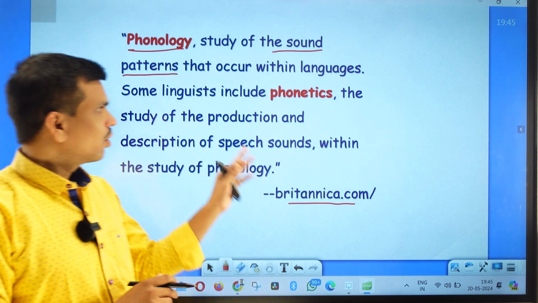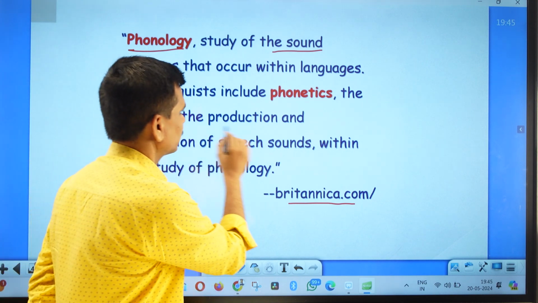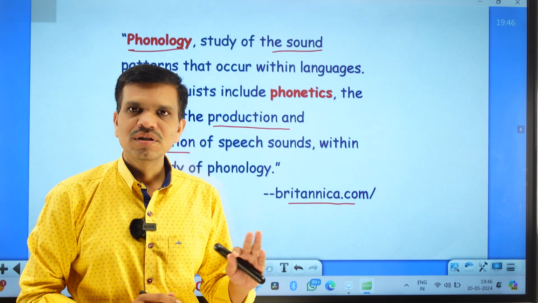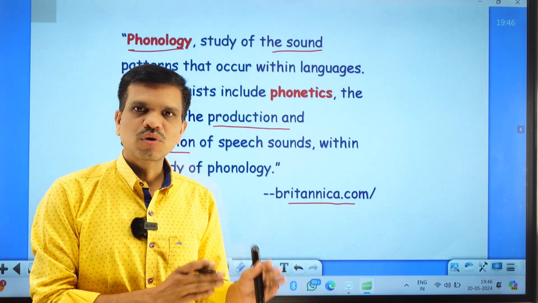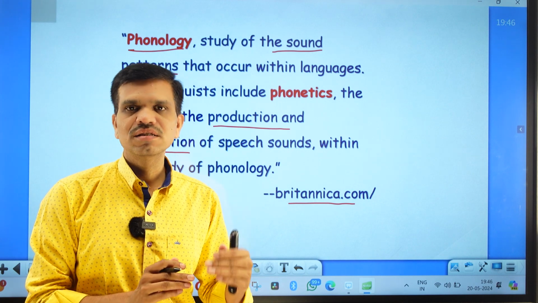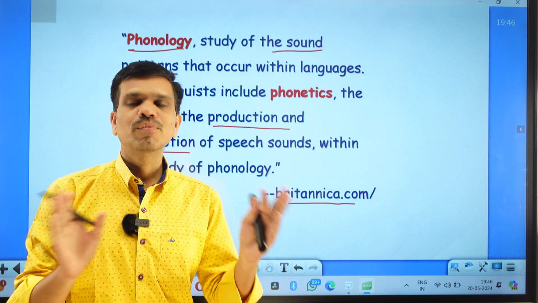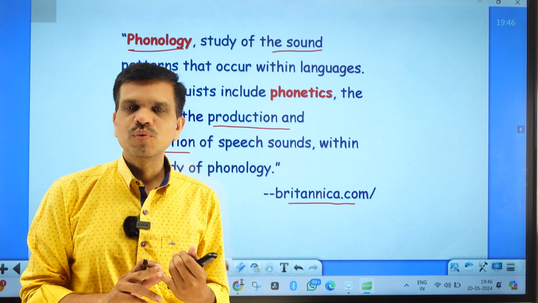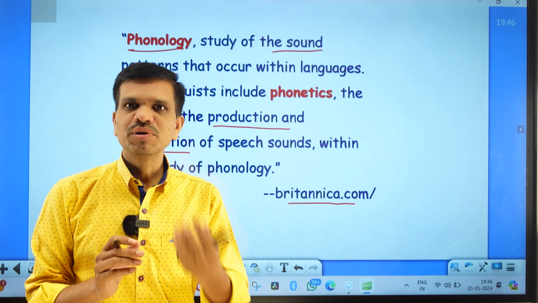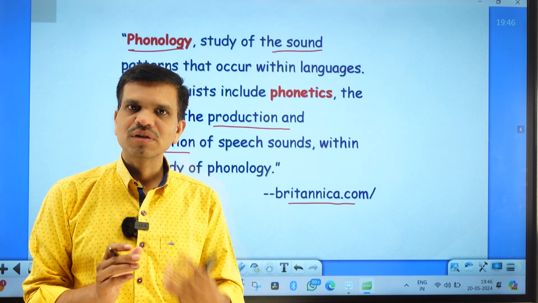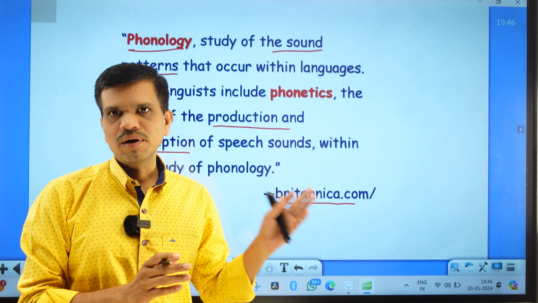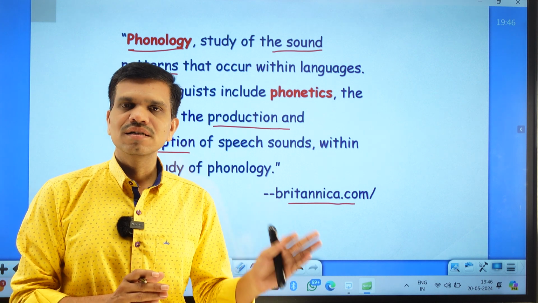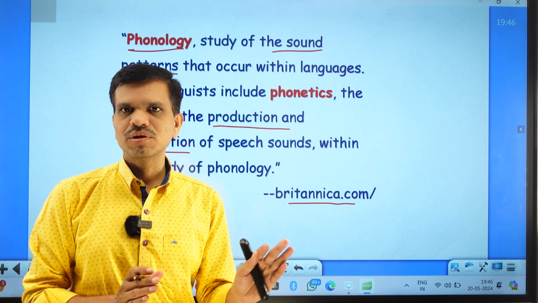Again, when we consider this pattern on the level of production or description, then we are talking about phonetics. Some scholars and linguists say that phonetics is part of phonology, so phonology is a broader term and it covers phonetics. And what is there in phonetics? In phonetics we consider direct speech sound, the production of speech sound, the acoustic pattern of words or letters, and it gives you the description of sound production.